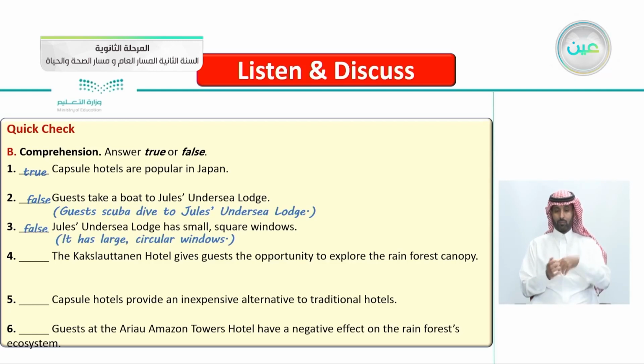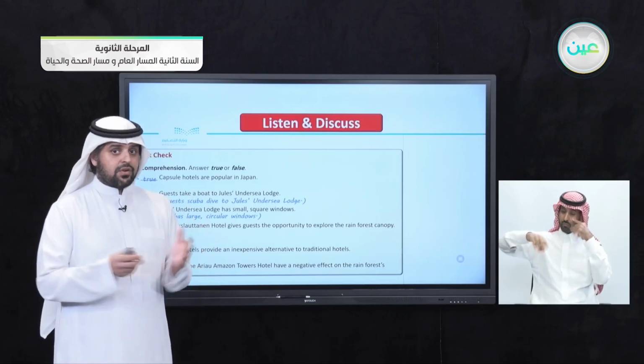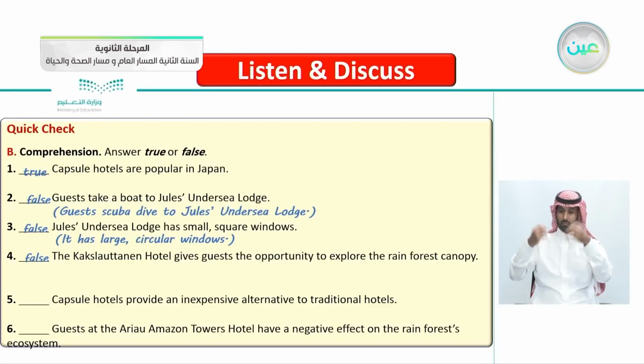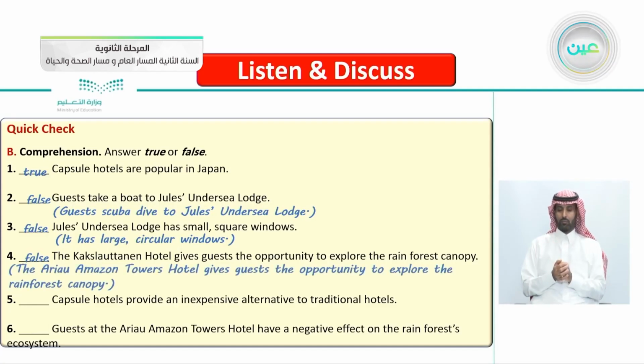Number 4, the Coxswain Hotel gives guests the opportunity to explore the rainforest canopy. Rainforest? Of course, that's false. So what's the correct one? Yes, the Ariau Amazon Towers Hotel gives guests the opportunity to explore the rainforest canopy. Number 5, capsule hotels provide an inexpensive alternative to traditional hotels.